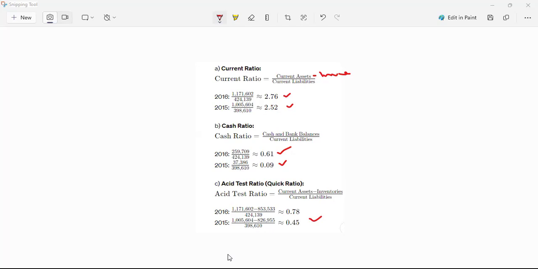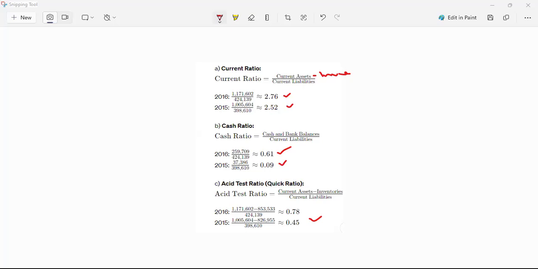Any suggestions? Any additions? Maybe on the cash ratio, you said the acceptable level should be above 0.2?